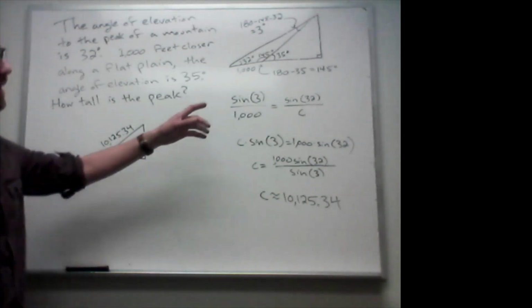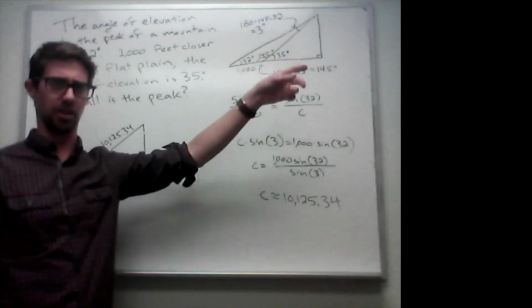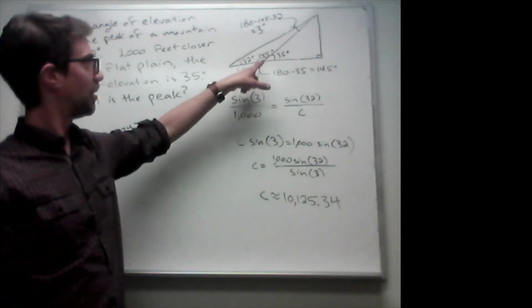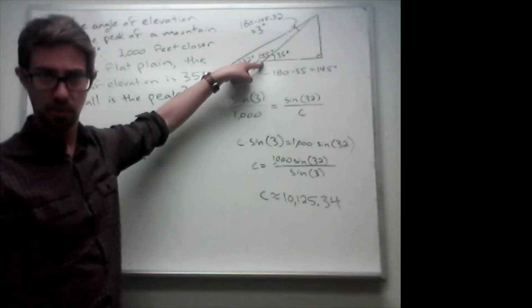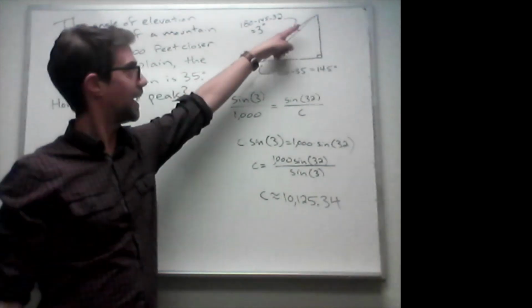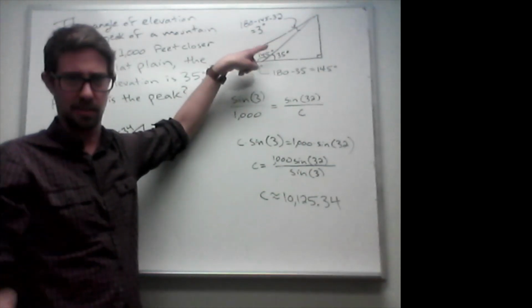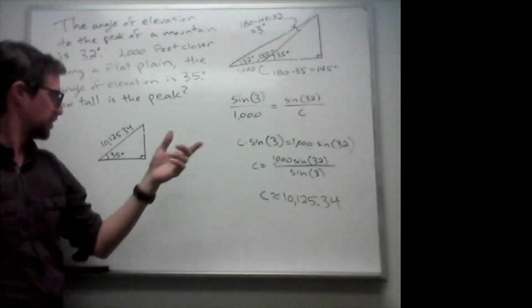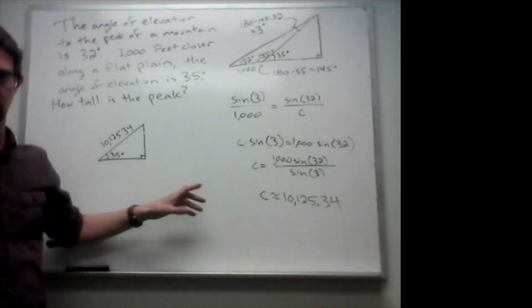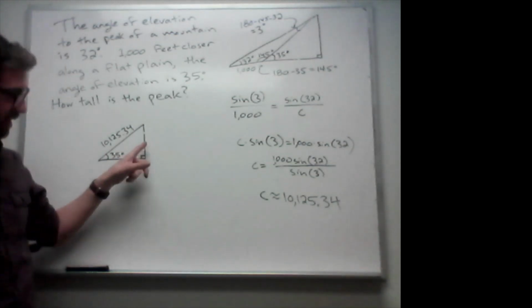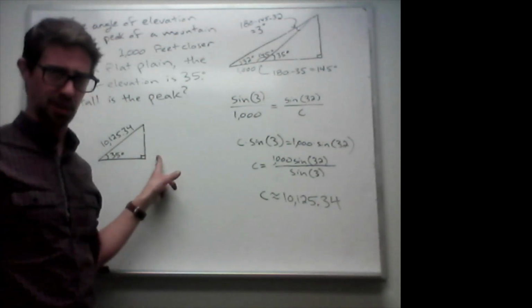So it's like we had to get a useless piece of information to get a useful one. This 10,000 number is the distance where if you could fly straight to the top of the mountain, that's the distance, but you can't fly. So really this number doesn't mean anything, but it is a means to an end because it gets us the thing we want.